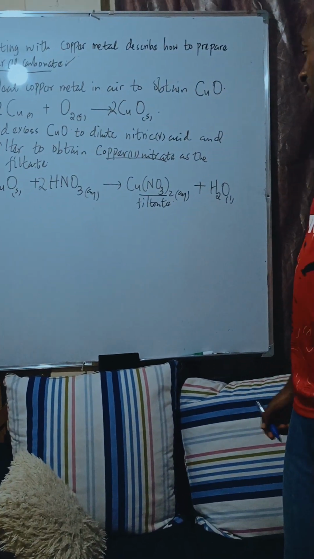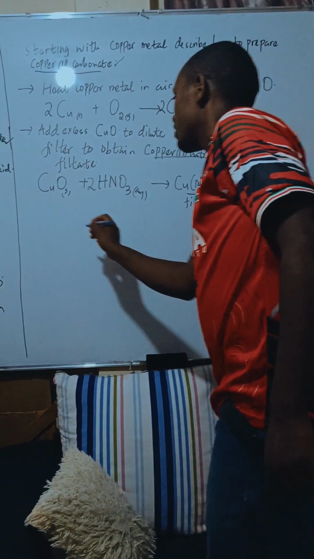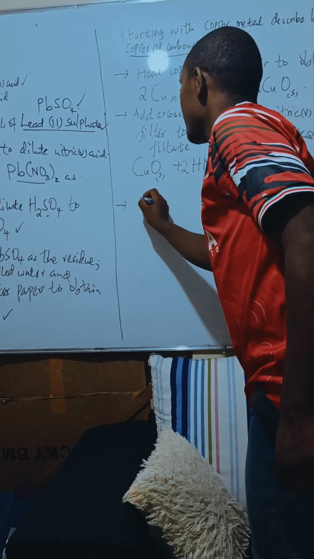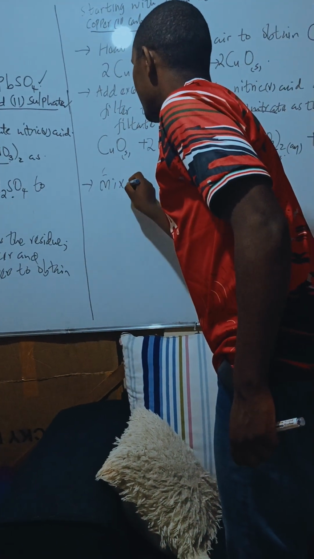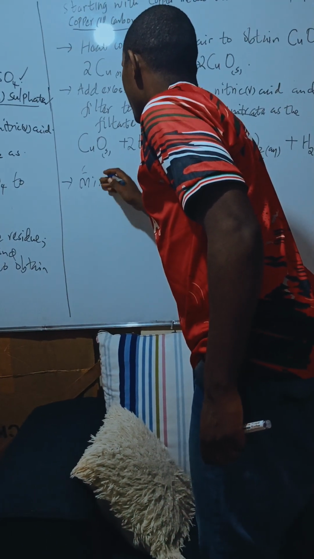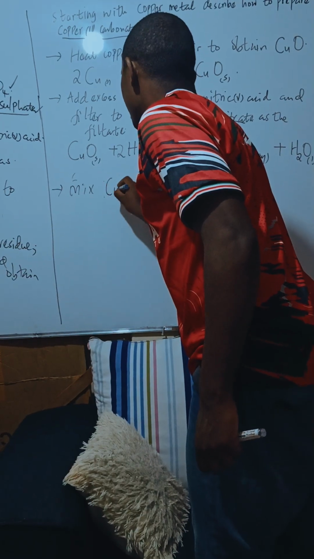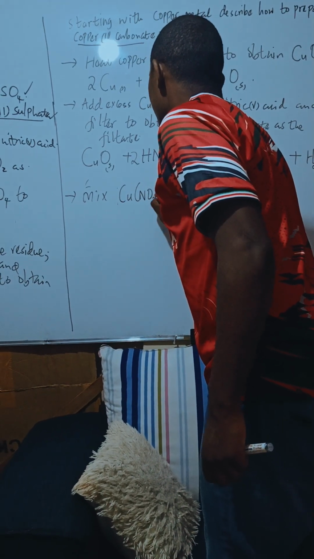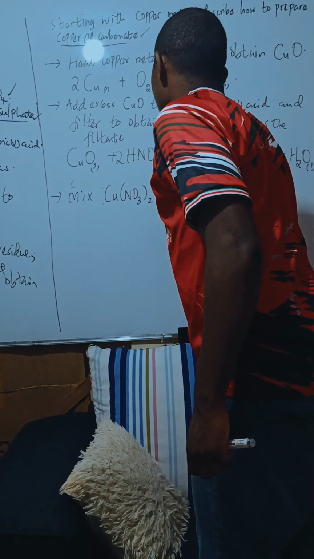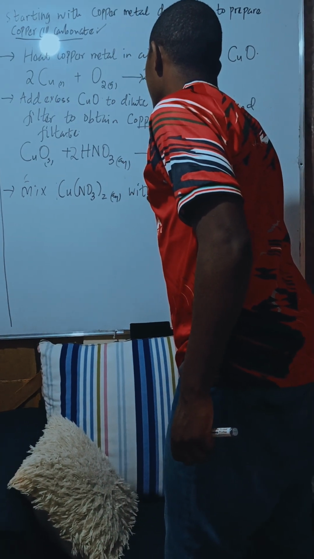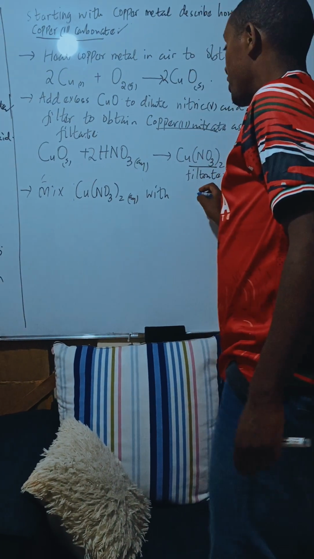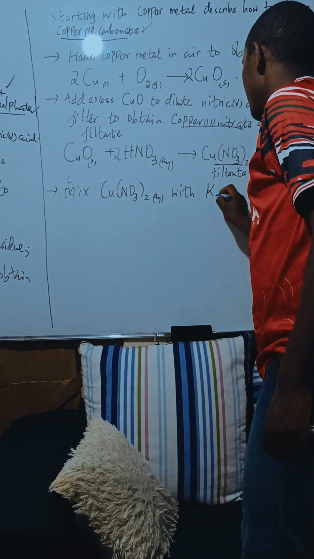So what do you do to the filtrate? You mix the filtrate with a soluble carbonate. Mix the copper nitrate, which is the filtrate, with a soluble carbonate, of course, potassium. Let me use potassium carbonate.